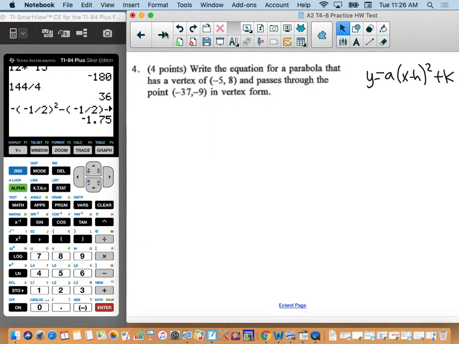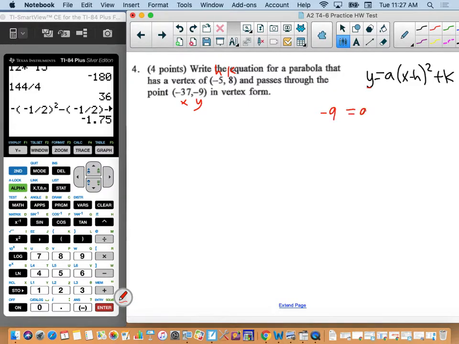Number 4, it says write the equation for a parabola that has the vertex negative 5, 8, so that's going to be your h, k, and passes through this point. This is an x, y point. So what I'm going to do is substitute as much of that into the problem as I can. They gave me a y coordinate, so that goes in for y.